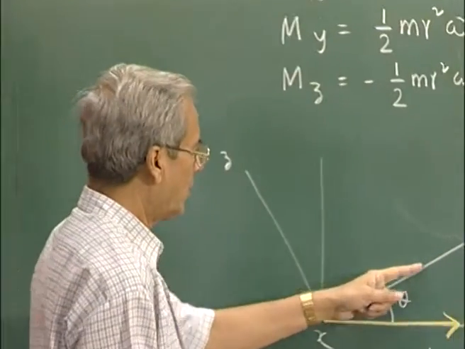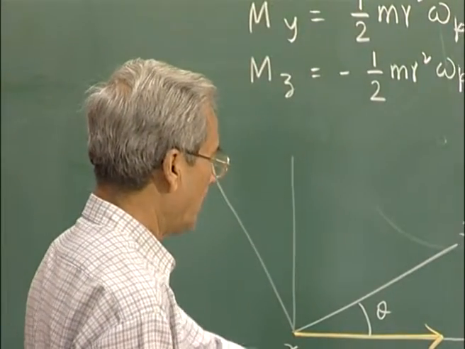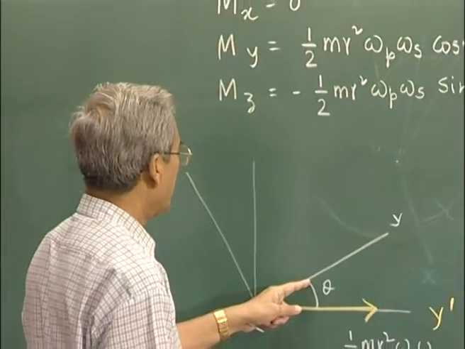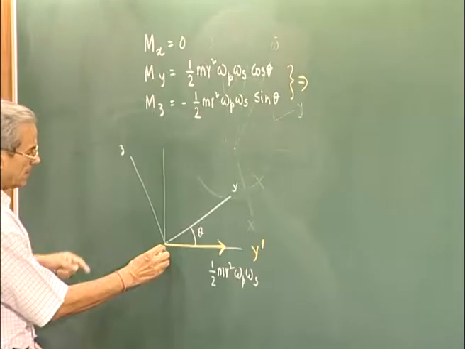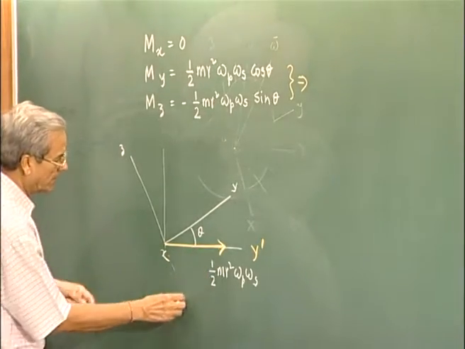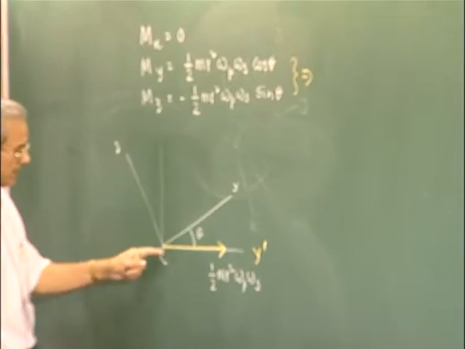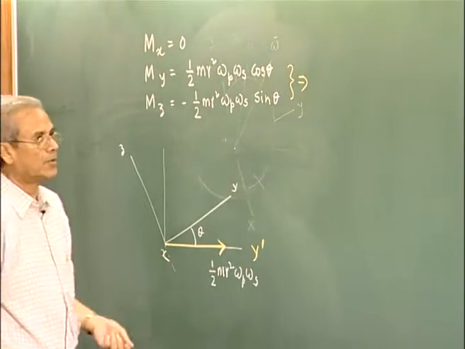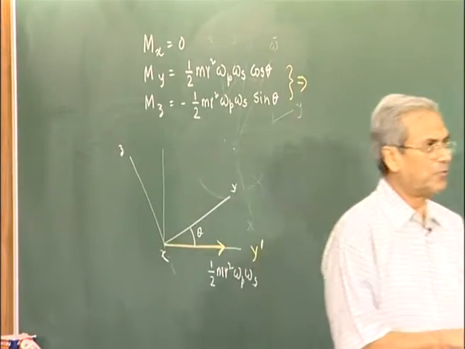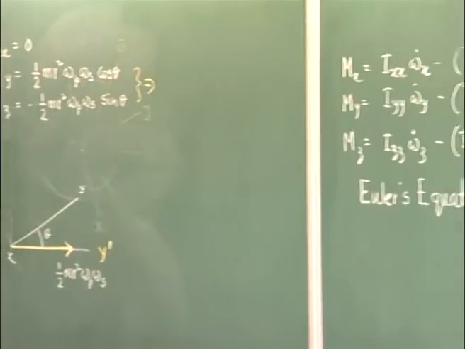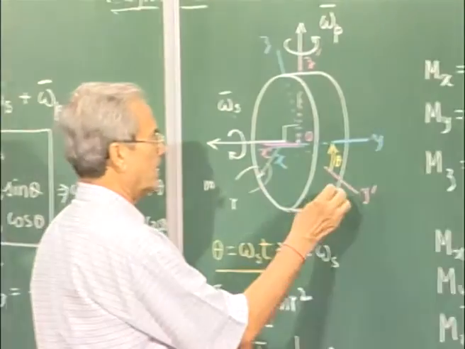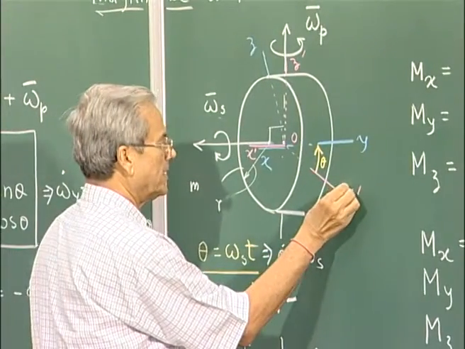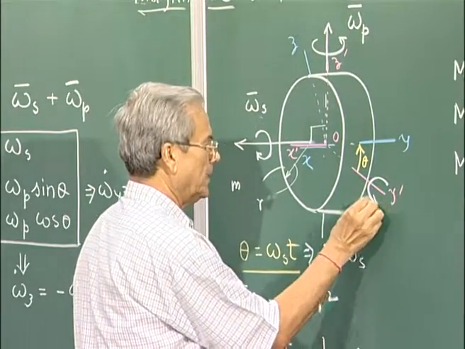Its component along y is half m r square omega p omega s cosine theta, and its component along z is obviously a negative quantity because it is opposite to the positive direction of z, and that is half m r square omega p omega s sin theta. So, therefore, we find that the torque which must be acting on this has to be along y prime axis and will be this.